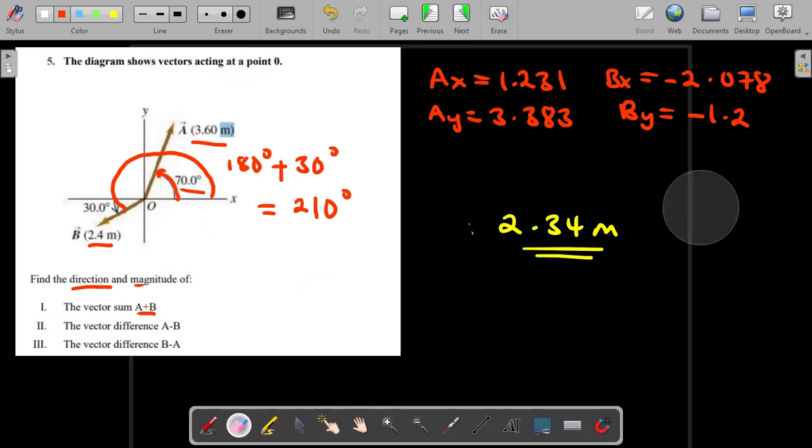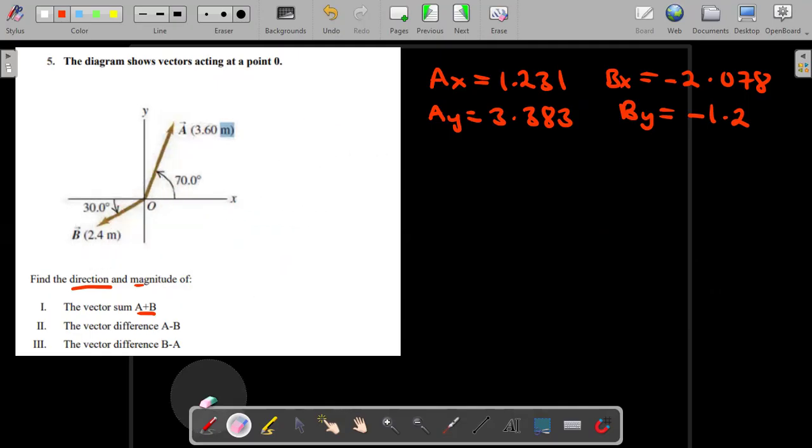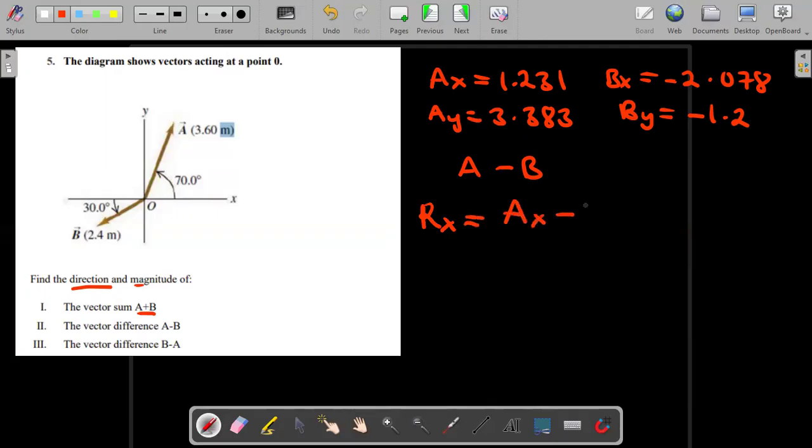Okay, so when it comes to part 2, we'll be using the same values which we had. We've already found our components, and now they're just telling us to find the difference, that is A minus B. So we'll do the same. The resultant in the x is going to be given by AX minus BX. What is my AX?